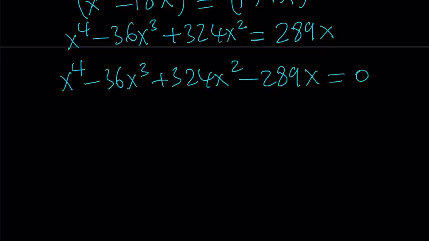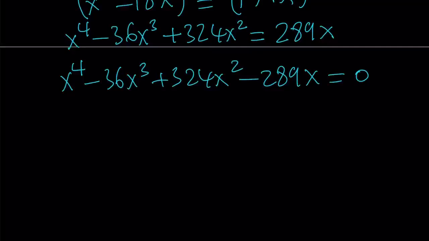Awesome. Now, notice that in this equation, x can be factored out. Also, another thing that I want you to notice, and I keep saying this in different videos, always check the sum of the coefficients, the sum of the odd coefficients and the sum of the even coefficients, because x equals 1 and x equals negative 1 could be potential solutions.